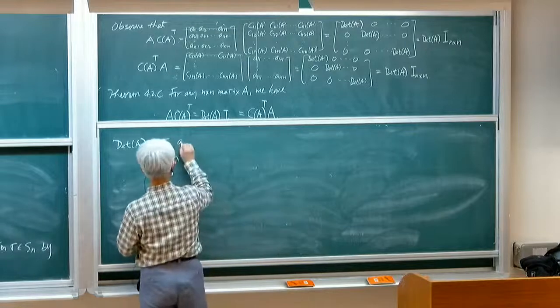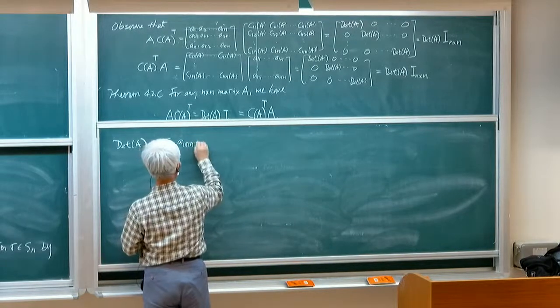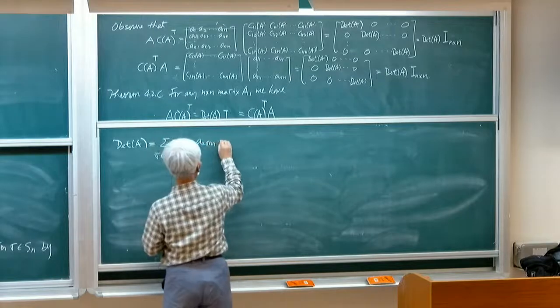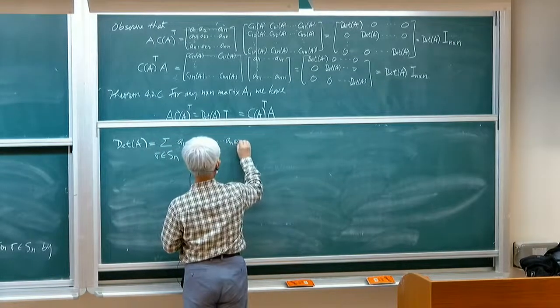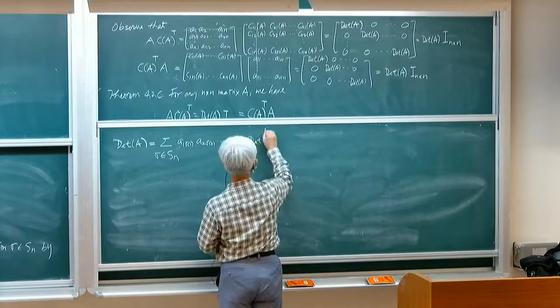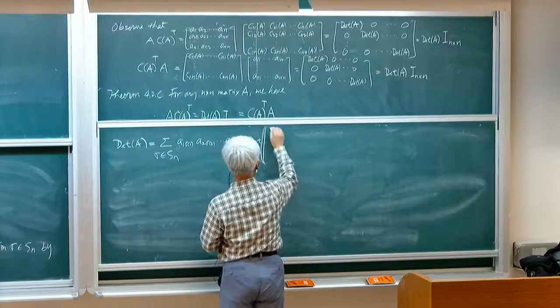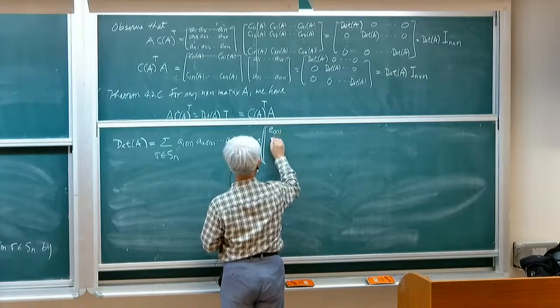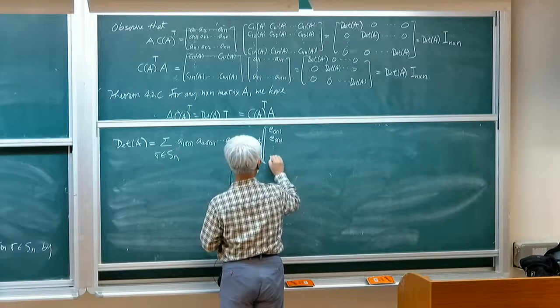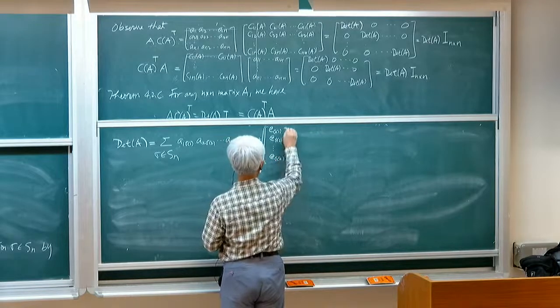And there is a1 sigma 1, a2 sigma 2, an sigma n, times the determinant of e sigma 1, e sigma 2, up to e sigma n.